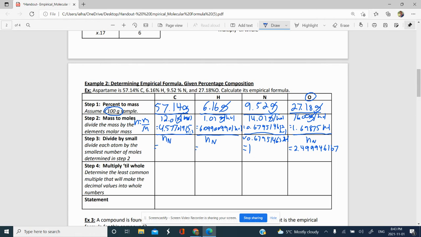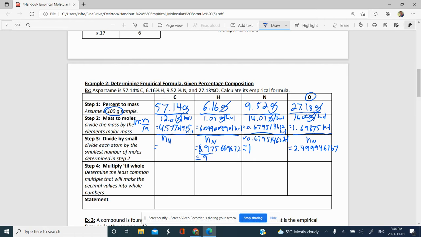That we know we can't round. 6.099009901 divided by 0.679514632, and we get 8.975669872. And this one we can round because it's in our little rounding region there, so we round up to 9.